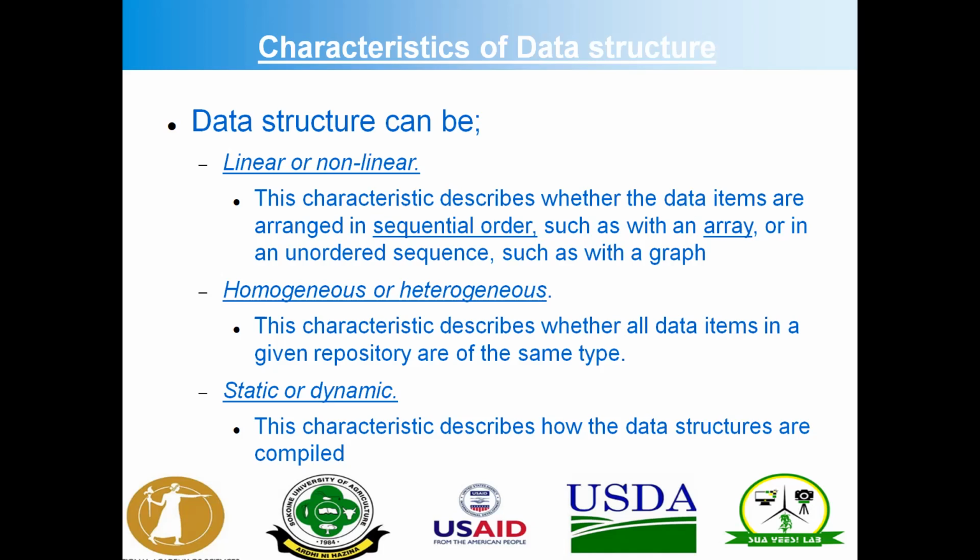For example, if you have a data structure which can only store data of a single type, the integer type only, then that is homogeneous. But if you have a data structure which can store strings together with integers and floats, since we have several types stored in a single data structure, we call it a heterogeneous data structure.